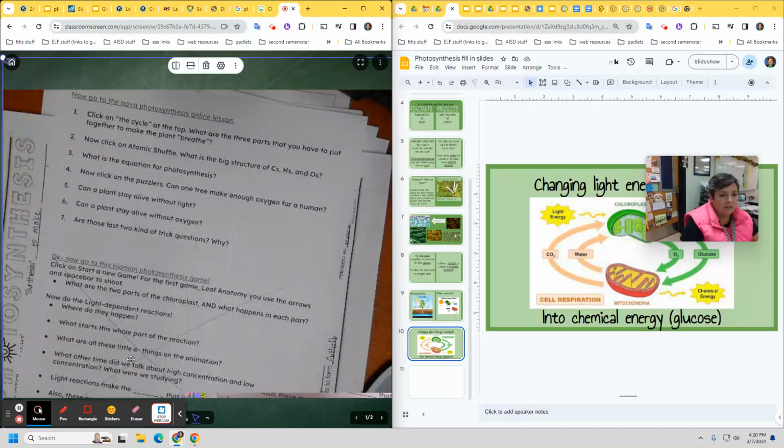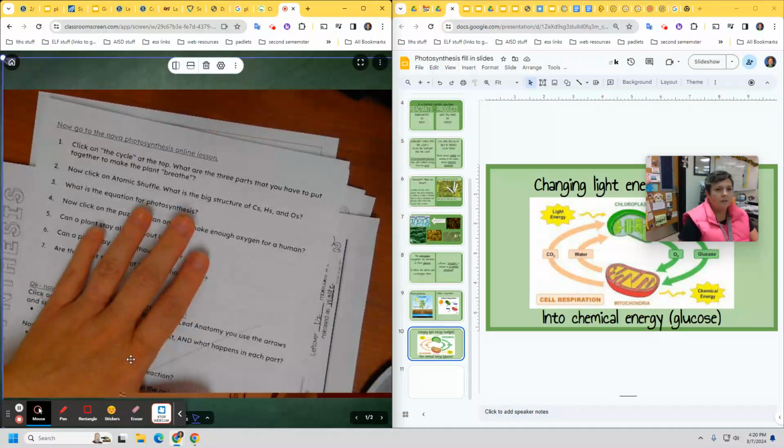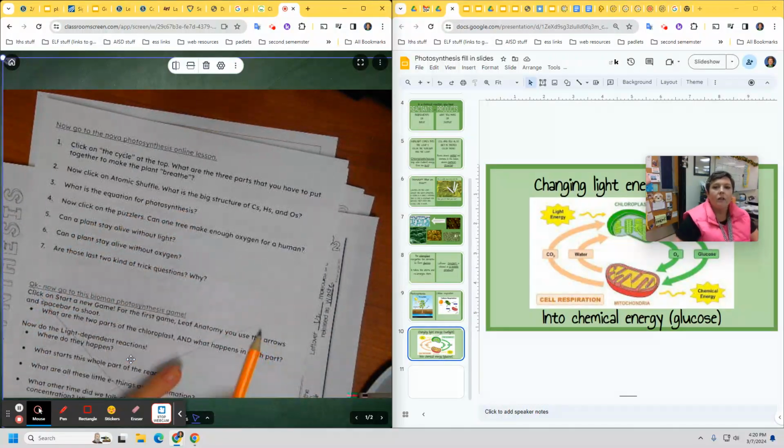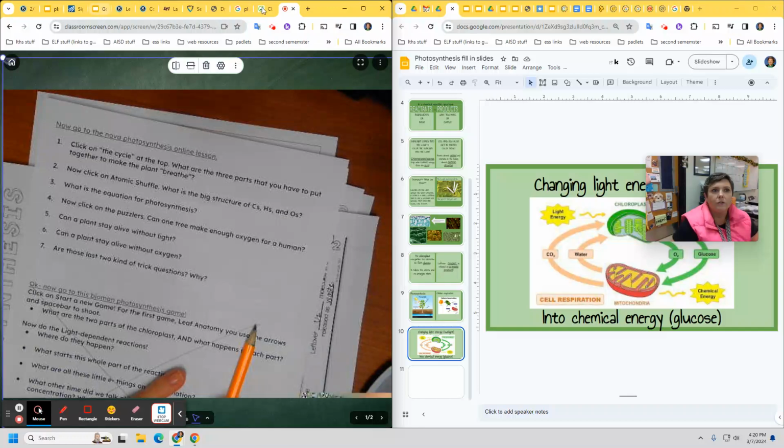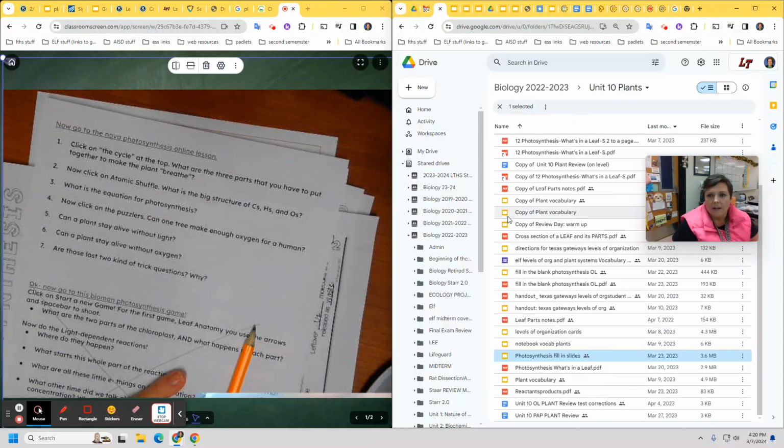I barely understand that, to be perfectly honest. I think most people barely understand that, but some people like to pretend that they really understand it. So you're just going to do this, and then you are going to do this card sort that I made.